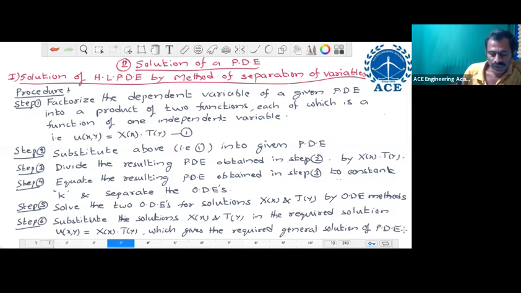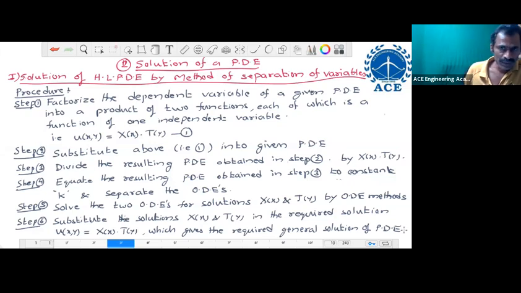So first we do one problem on this, and after that, without doing the problem by this method, we try to choose the answer by verification. But we should know the method. Actually, this method of separation of variables reduces a partial differential equation to an ordinary differential equation.